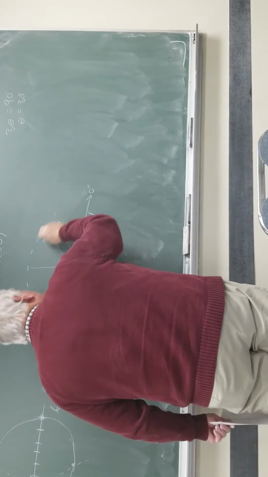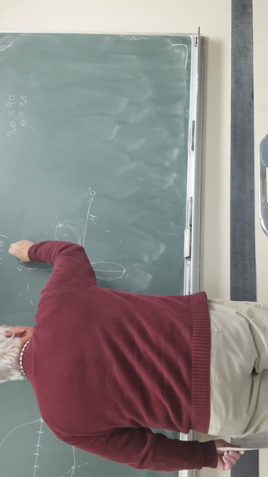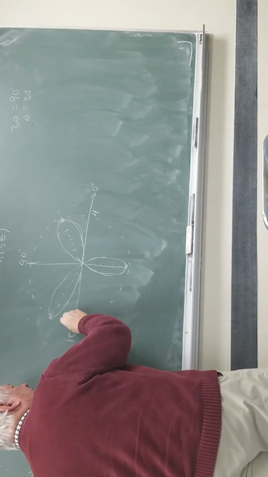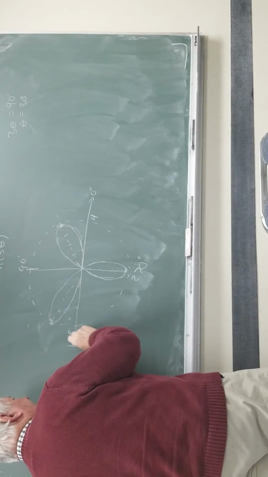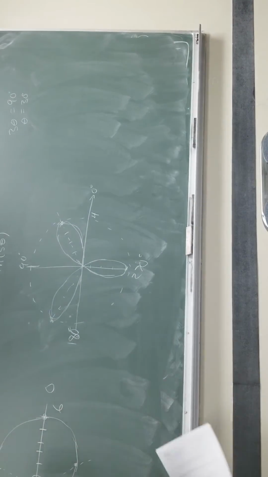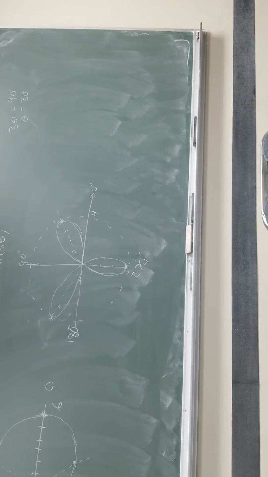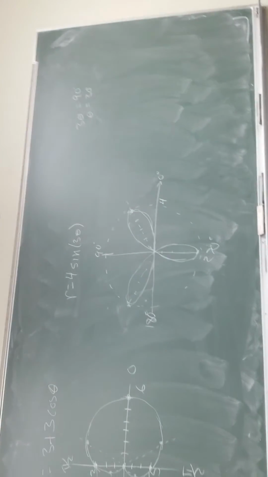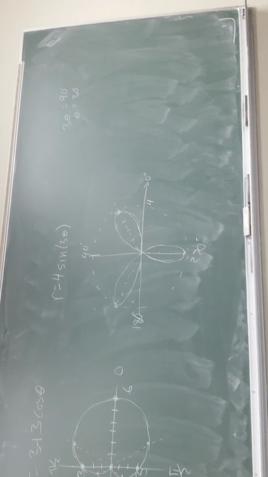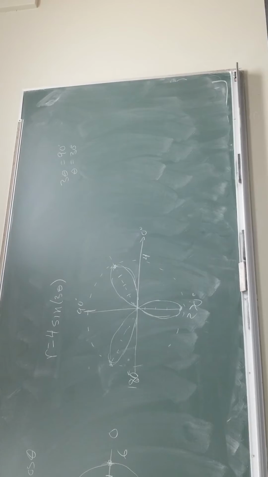This is direction 0, 90 degrees, 180 degrees, and 270 degrees. So it should be a nice three-bladed propeller, so to speak. Ideally, all the petals are the same shape and magnitude.